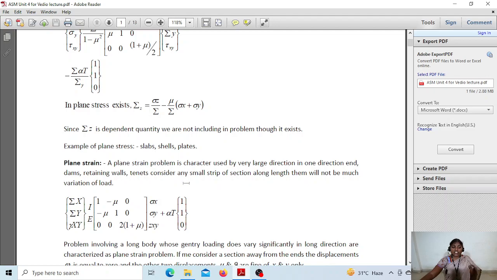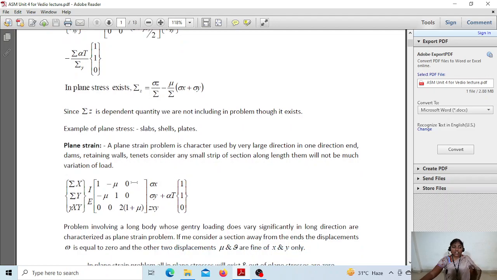In such plane strain conditions, you know that normal strains are epsilon x, epsilon y, epsilon z, and shear strains are gamma xy, gamma yz, gamma zx. Since it is plane strain, your epsilon z won't be there, and gamma yz and gamma xz also won't be there. Now there will be a relation between epsilon x, epsilon y, gamma xy and sigma x, sigma y, tau xy.